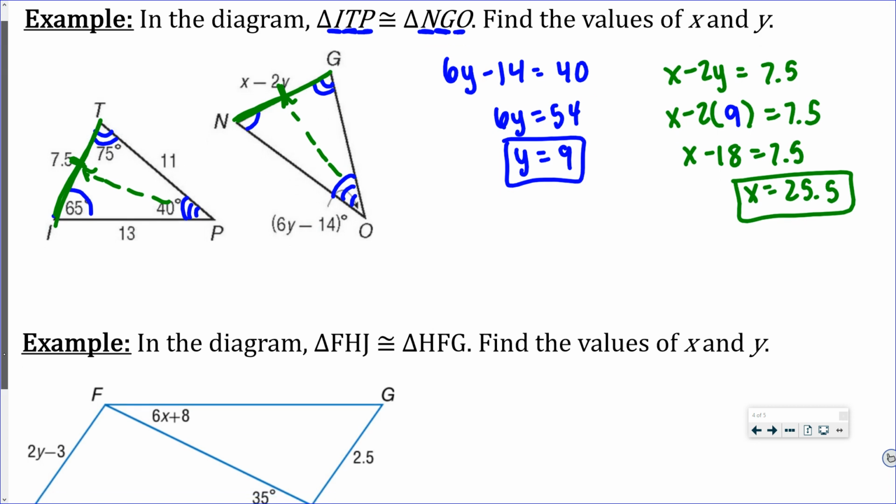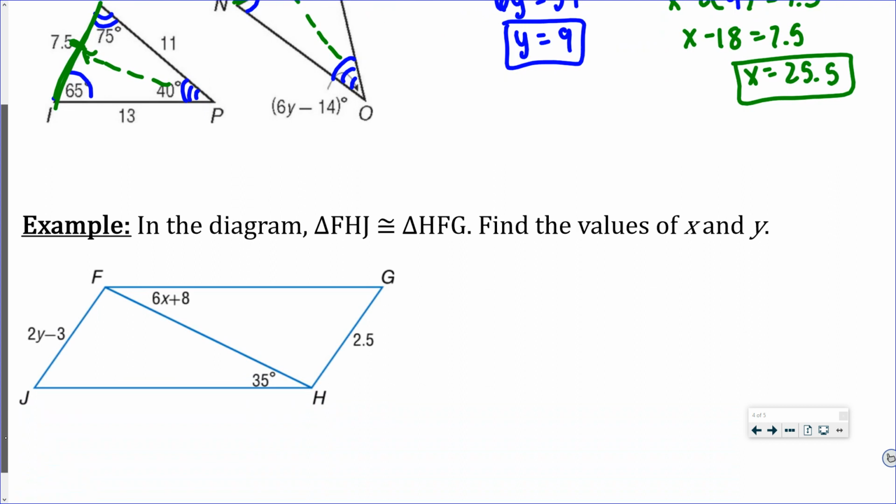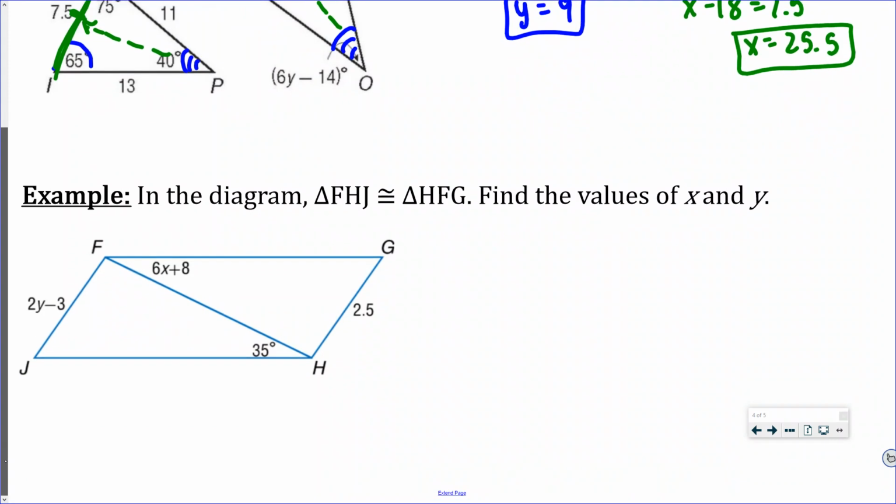All right, you guys try this one quick. This time we have triangle FHJ is congruent to triangle HFG, and they share a side. Ooh, tricky. See if you can figure out x and y. Look at the congruent statements. Make some markings. You need to.